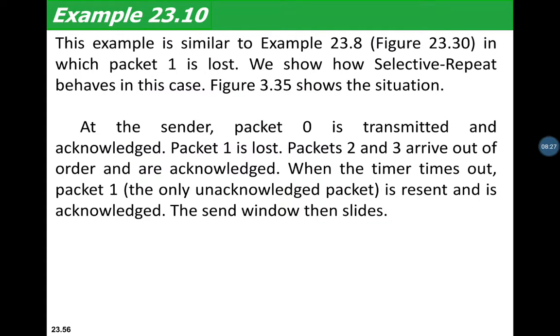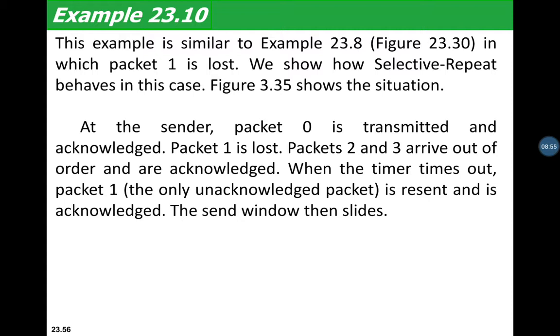Next is an example similar to what we had discussed in the go back N, in which the packet 1 is lost. Now we'll see how the selective repeat behaves here. At the sender, packet 0 is transmitted and acknowledged. We will see in the flow diagram, packet 1 is lost. We had seen this example even in the case of go back N. Here the packets 2 and 3 arrive out of order and are acknowledged.